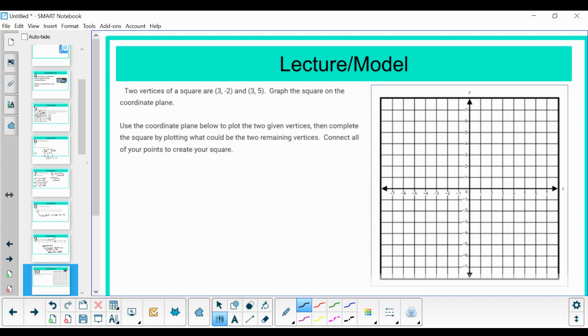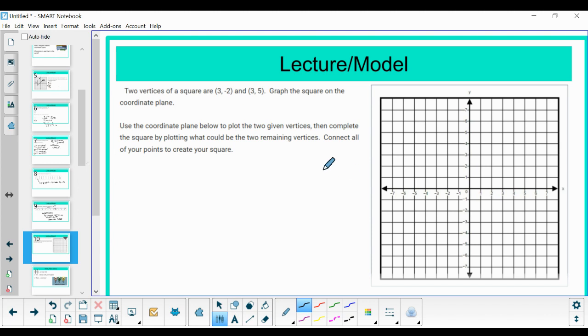All right, moving along. I believe this is our last problem. It is. All right, 2 vertices of a square are 3, negative 2, and 3, 5. So 3, negative 2 is going to be to the right 3 and down 2.